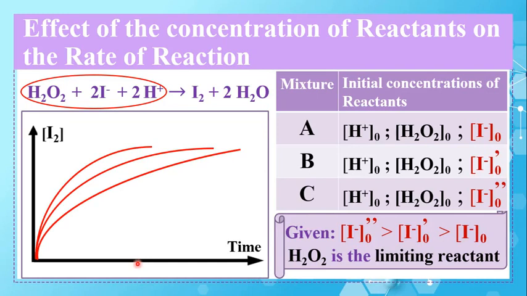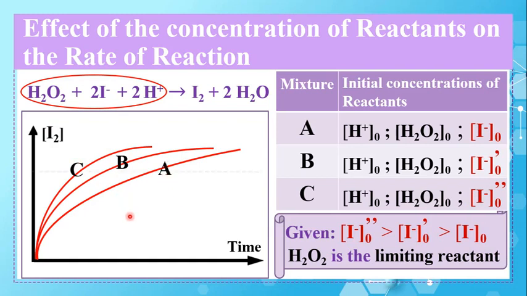We notice that the rate of reaction at t equals 0 and at each instant of the reaction is bigger in the reaction system where the concentration of I- is the highest. I'm talking about mixture C. Then comes mixture B, then A.